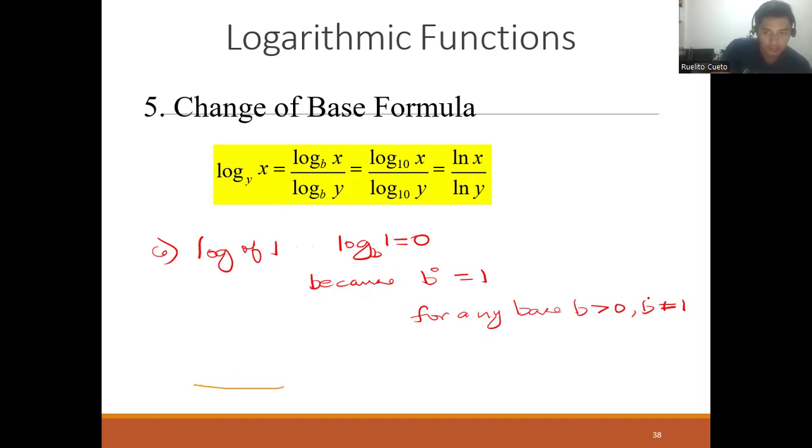So our example for this is, let's say you have log of 1 to the base 5, that is equal to 0 since 5 raised to 0 is equal to 1. Okay, so that is log of 1.